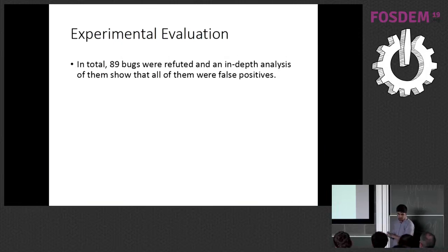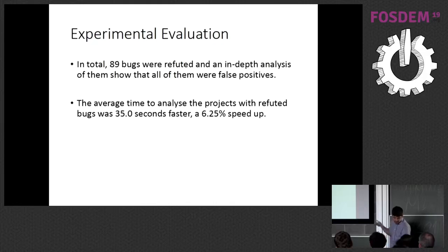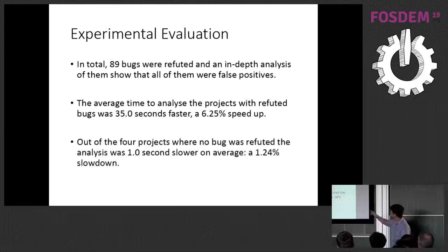In total, 89 bugs were refuted. On average, there was a 35% speedup per project, around 6.25%, so 35 seconds. And when there are no bugs, there's a 1 second slowdown, usually 1%, it's 1.24%.